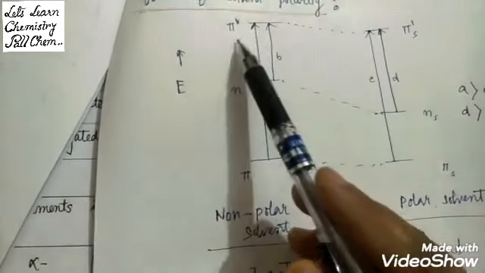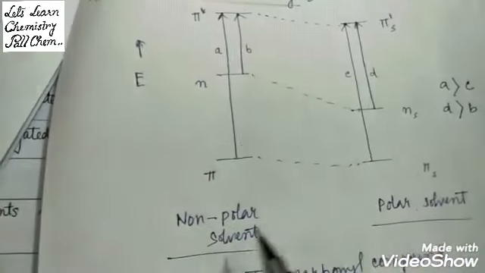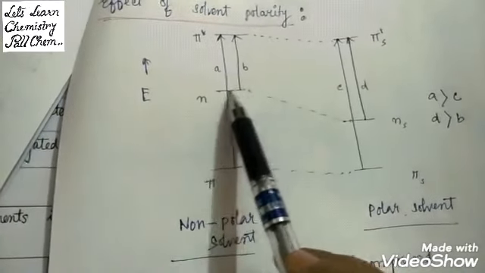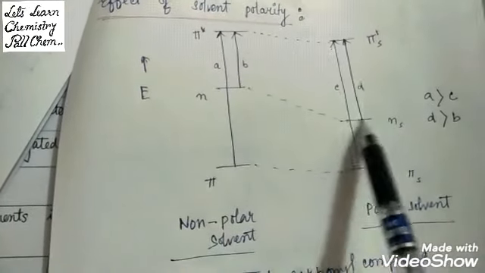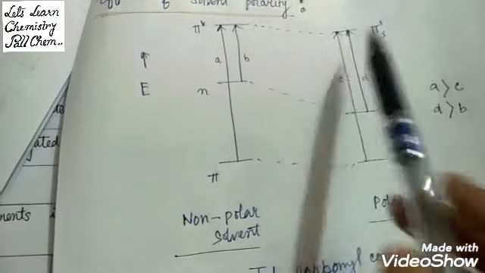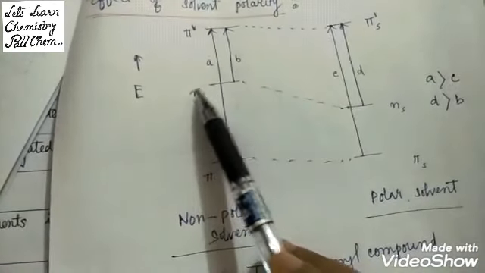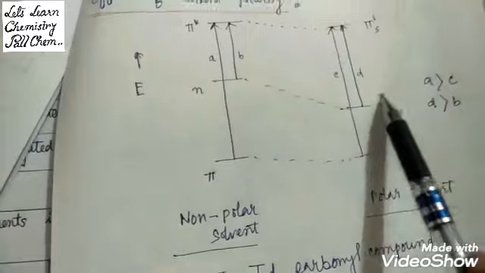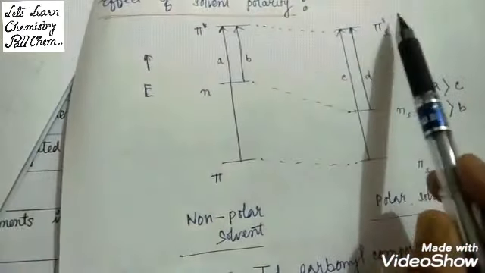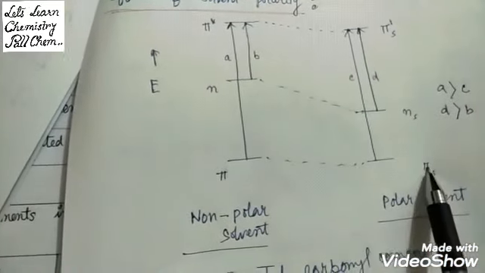So for pi to pi star and n to pi star transitions, when shifting from non-polar to polar solvent, the non-bonding energy level is quite stabilized, and the pi star energy level is also stabilized compared to pi, because the non-bonding energy level is stabilized due to the hydrogen bonding with the polar solvent, and the pi star orbital is stabilized because pi star orbital is more polar compared to pi.